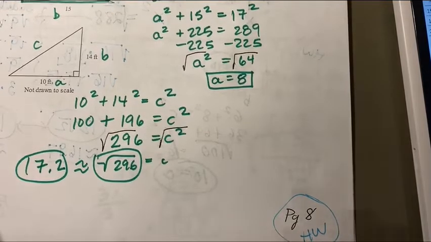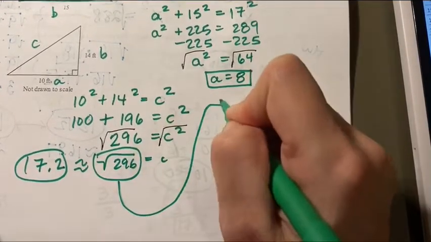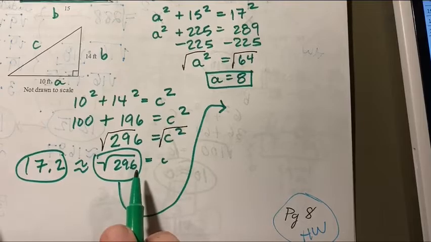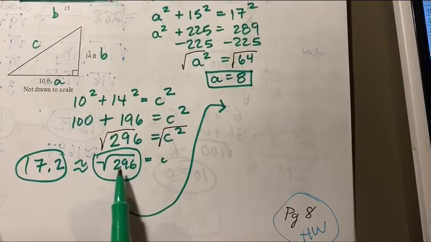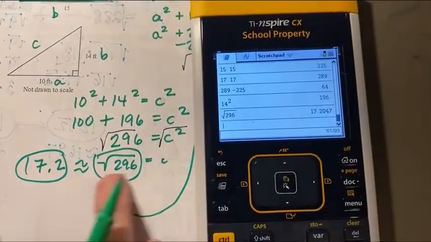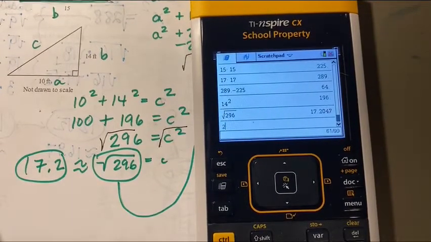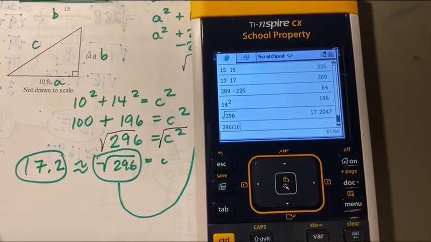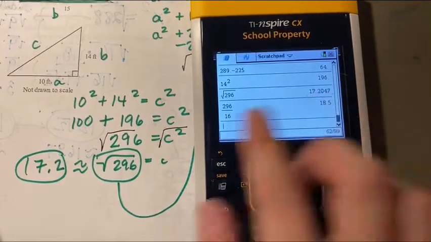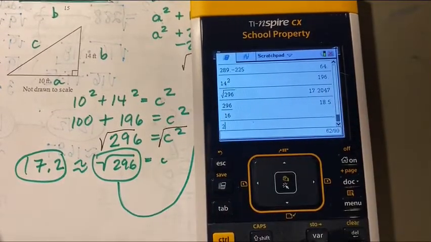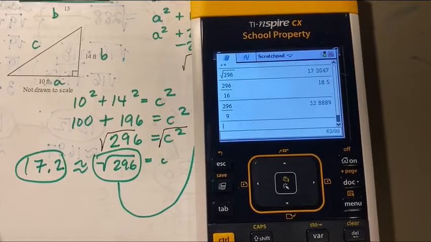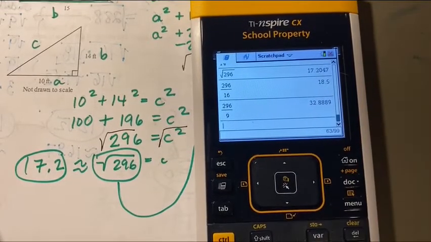But as I keep telling you, I'm always going to take a little opportunity to show you how to reduce radicals. So I'm going to look in here for a perfect square. It is even. So let's see, 296 divided by 16 is a decimal. So there's no 16 in there. Let me try 9. 296 divided by 9, that's a decimal.